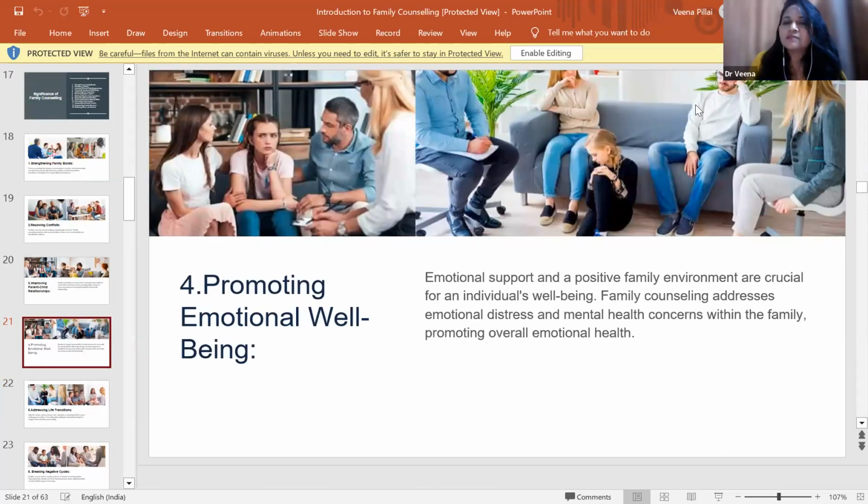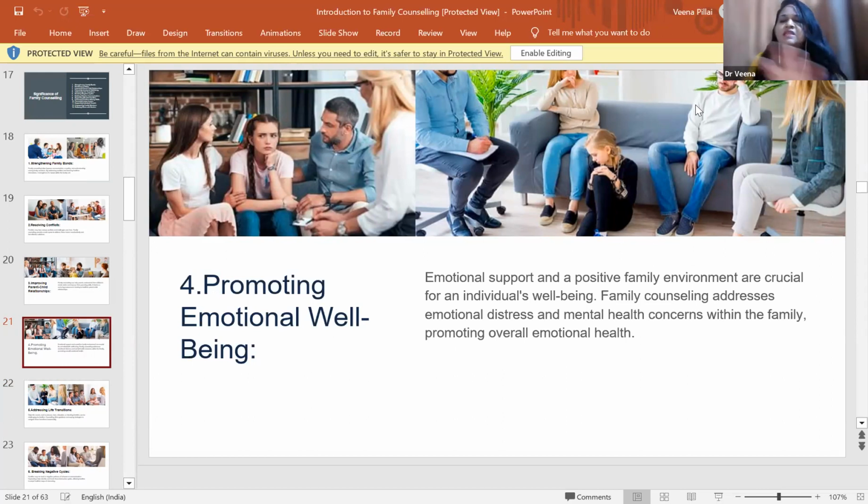promoting emotional well-being. Nowadays we could see after COVID many people are talking about the importance of emotional well-being. So emotional support and a positive family environment are very crucial for a person to grow as an individual as well.